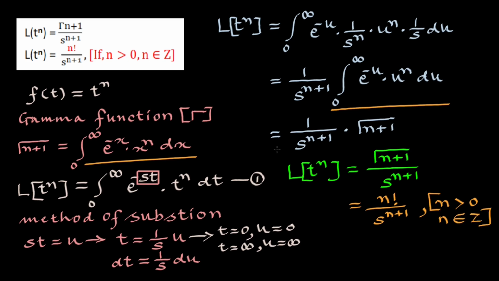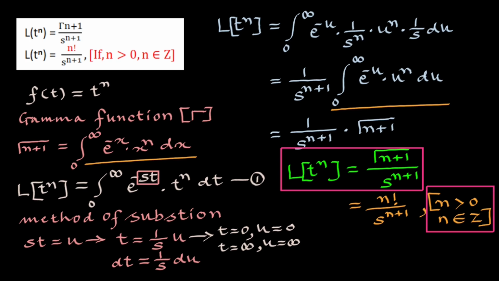So Laplace transform of t raised to n is gamma of n plus 1 upon s raised to n plus 1. And when n is a positive integer, the same Laplace transform becomes n factorial upon s raised to n plus 1.